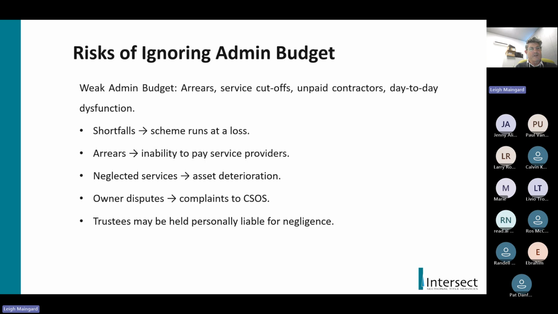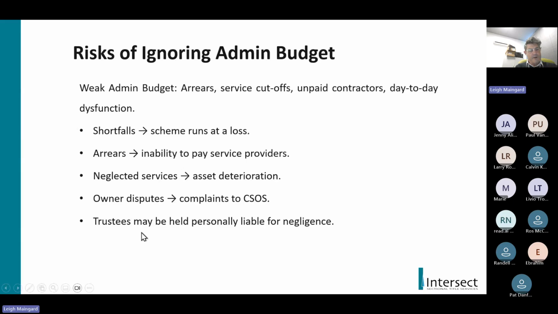Arrears, inability to pay service providers, they won't be providing a service to you, which means that again your assets and your common property will deteriorate. You might have owners that do actually want the scheme to work and that are paying the levies, that complain to CSOS, and suddenly you have a CSOS matter against the trustees or the body corporate, and then things can become very interesting very quickly.